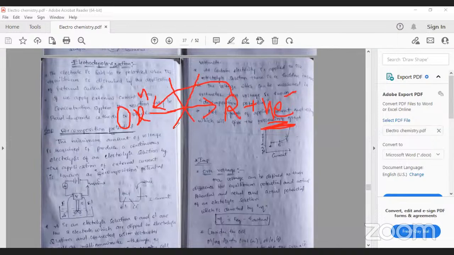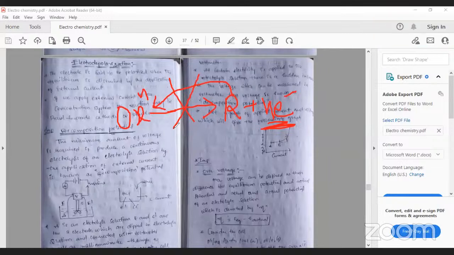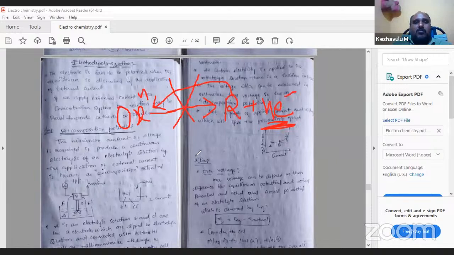Oxidation means simply loss of electrons, and reduction means gain of electrons. Both take place in a single reaction, the redox reaction. That redox reaction can be disturbed by the application of external current. If we apply external current to the redox system, the equilibrium position may be disturbed. That is called polarization.